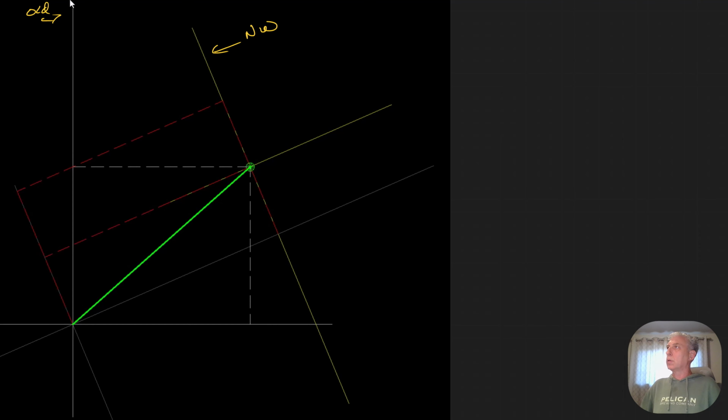We have rotated it by some angle theta, and we've translated it by some translation vector here, right?